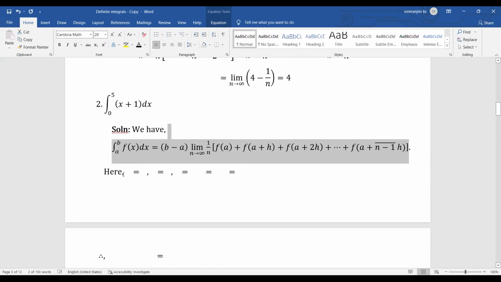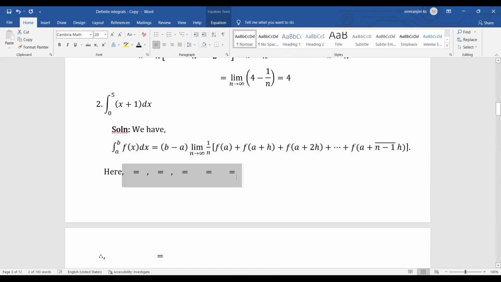Then we know that a is equal to 0. Lower bound is 0, upper bound is 5. So a equal to 0, b equal to 5, h equal to b minus a by n, 5 minus 0 by n, so 5 by n.